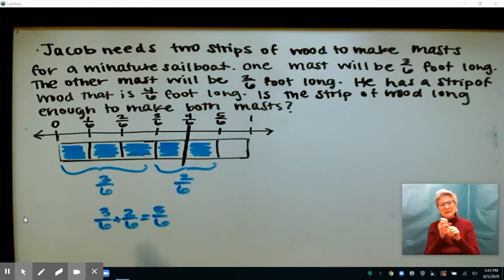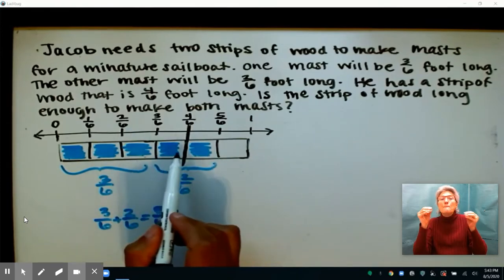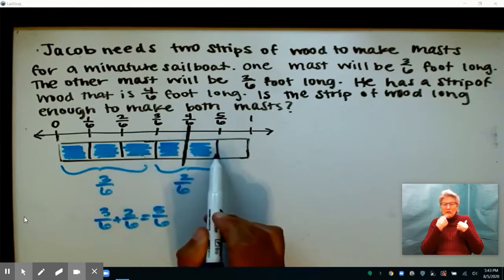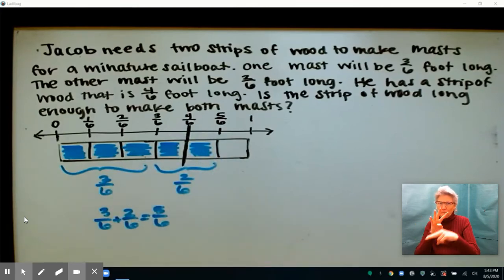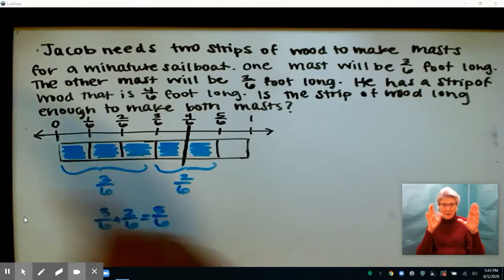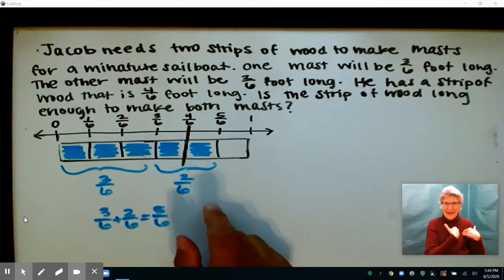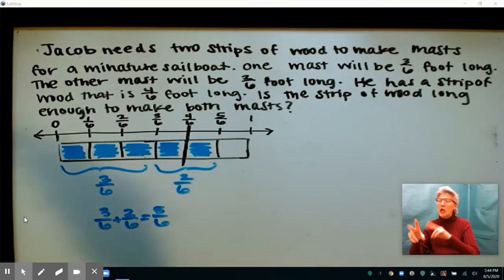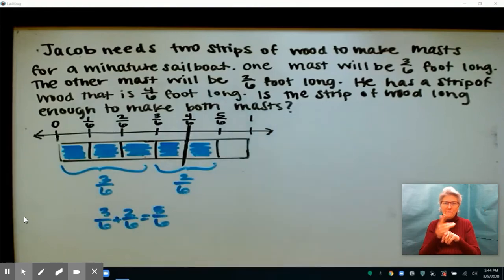And so that tells me that Jacob needs more than what he has. He only has 4/6, but he needs more than that. So using this number line helps me compare 5/6, the amount that I need, to 4/6, which is the amount of wood that I have. So I can say that no, this strip of wood is not long enough for both masts.